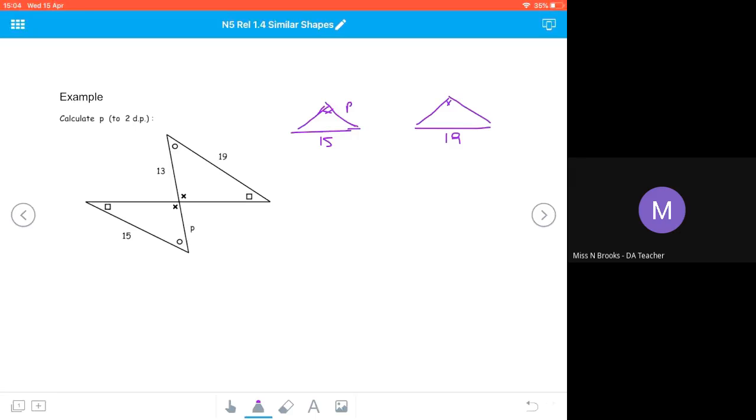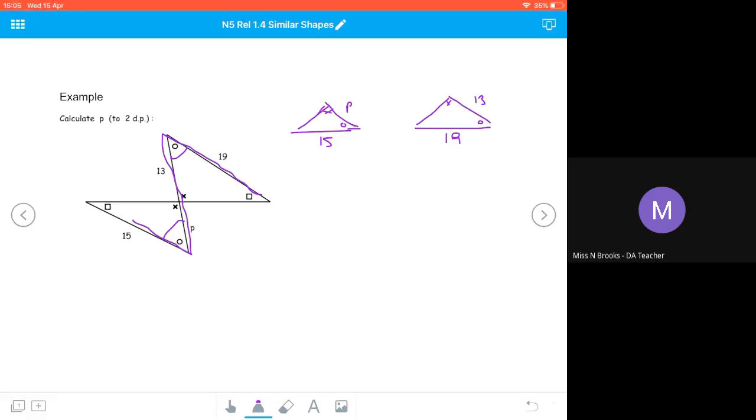Now, if you think about your Z-shaped angles, you can see that that is why the O marked angles are the same. So you can see that the O angle is down in this bottom corner. So that means that the side that's missing on the triangle with a base of 19 is 13. And so those are my corresponding sides.